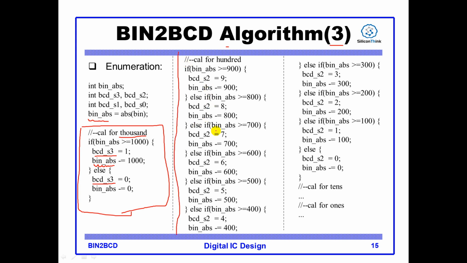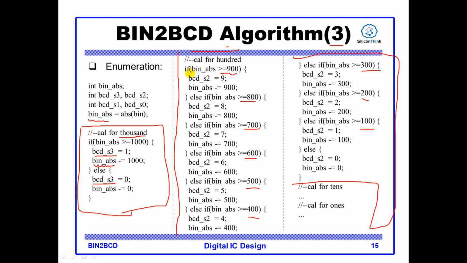And this is the second part. Calculate the BCD code for 100. So you can see we just compare with each hundred number, such as 900, 800, 700, 600, 500, 400, 300, 200, 100.